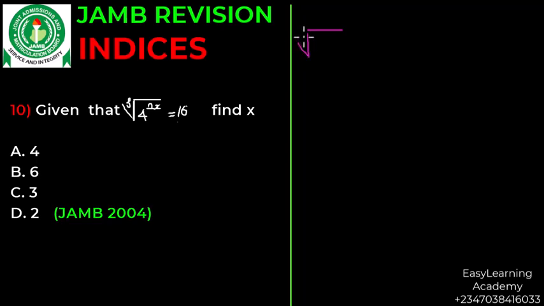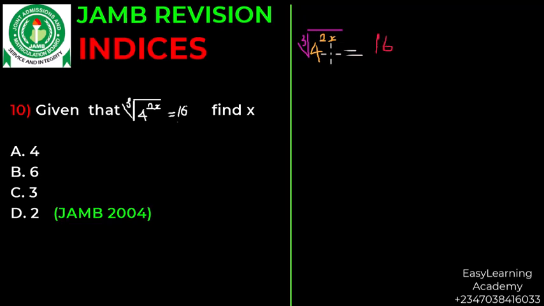So it is the cube root of this number, and that number happens to be 4, into the power of 2x, which is equal to 16. And we are asked to find x.